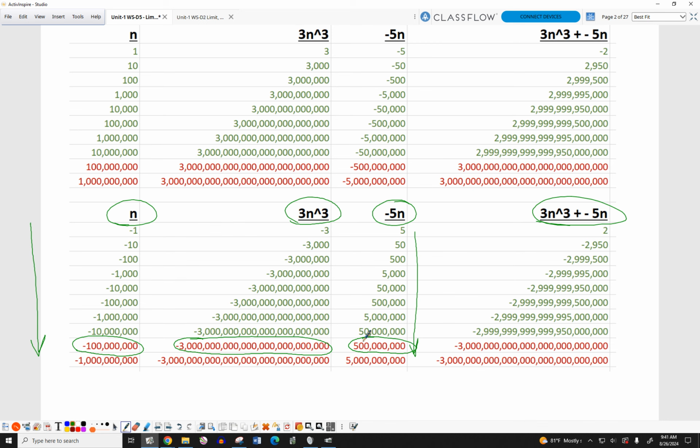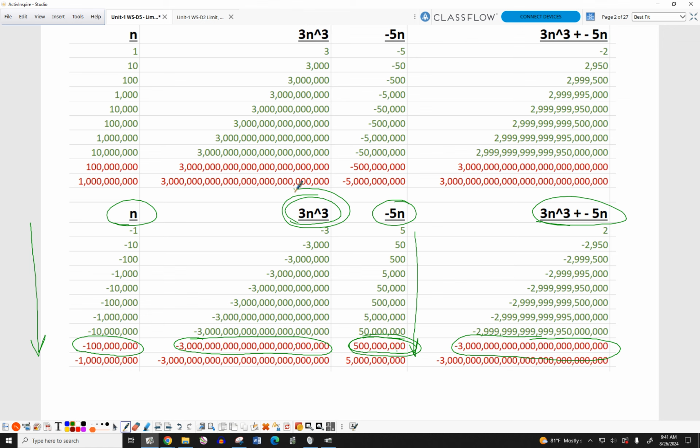It does not have enough computing power to add this red number to this red number. If you look at the result, there's no evidence that we even added this 500 million. The computer cannot do it. It doesn't have the computing power to keep track of numbers that are so different. So this is completely dominant as far as the computer is concerned. It didn't even try. So if you're using very large numbers, watch out for that. The computer sometimes gives you the wrong answer.